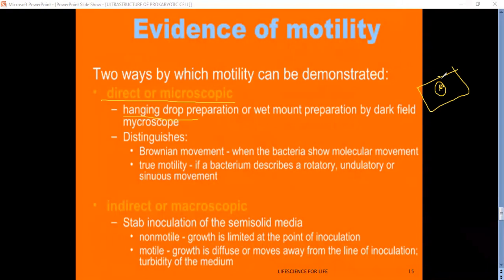You put a cover slip, and there you add some gel or a drop of water, or it may be anything, for the movement of the bacteria, and we take this slide under the microscope. Under the microscope, if the bacteria is moving, this movement is due to the flagella. It is clearly seen in the drop of liquid you have added. This is called the hanging drop preparation for evidence of motility.